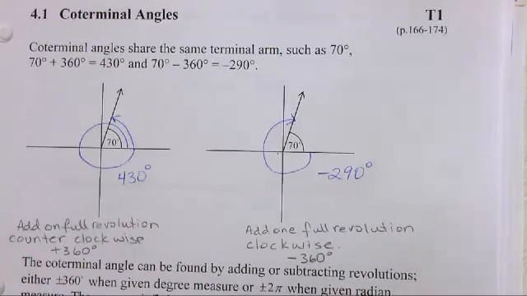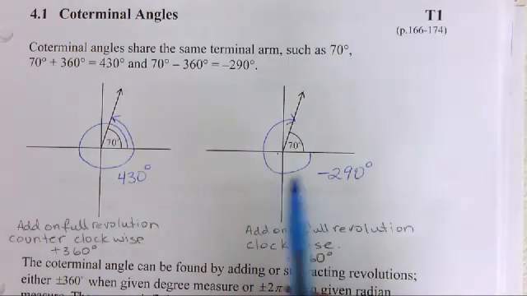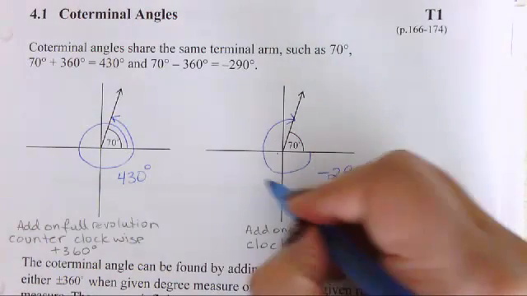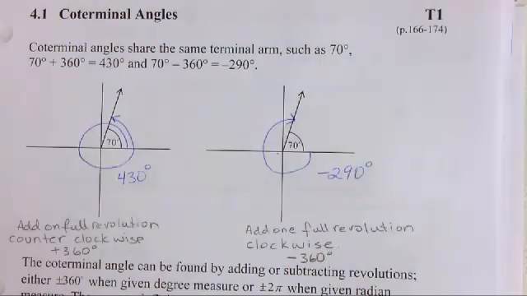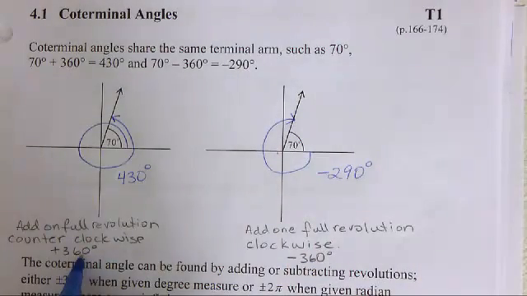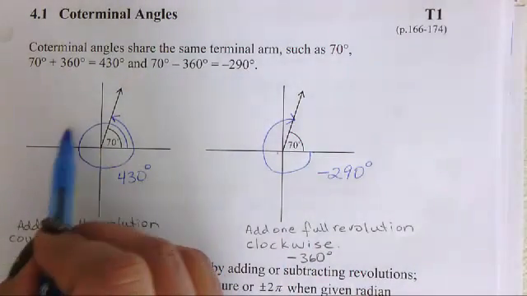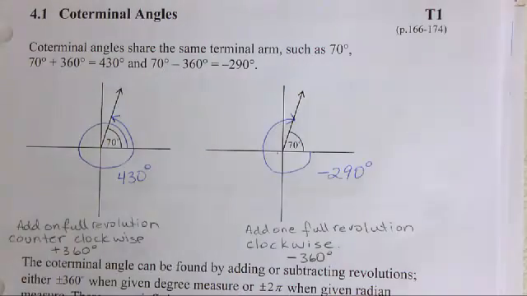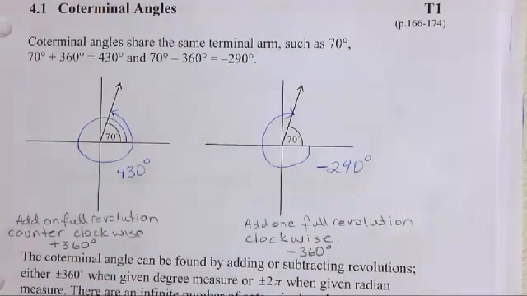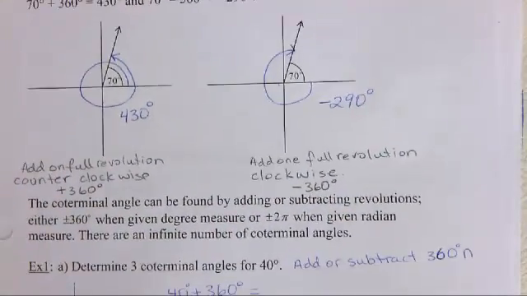So that's one full revolution clockwise. You could also add another one. If I just kept going one full revolution, that would give me another coterminal angle. So I can keep going around and around in full 360 denominations. So that's what we've got summarized right here.